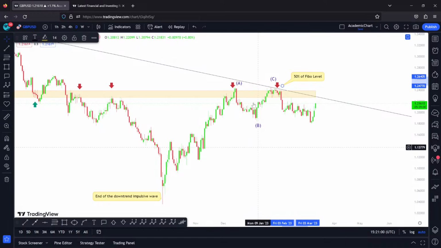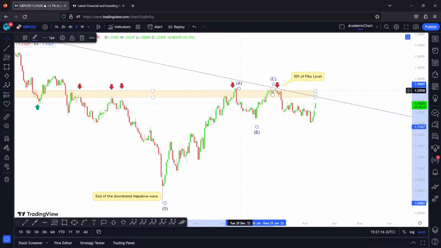Also, after jumping to the daily, I can add more arrows to this level to show you how important it is. Anyhow, we are saying that this has been reversed somehow.